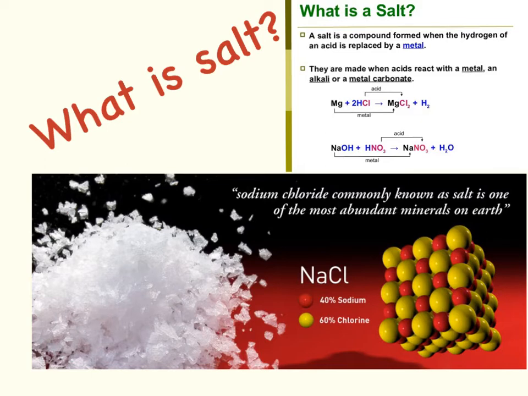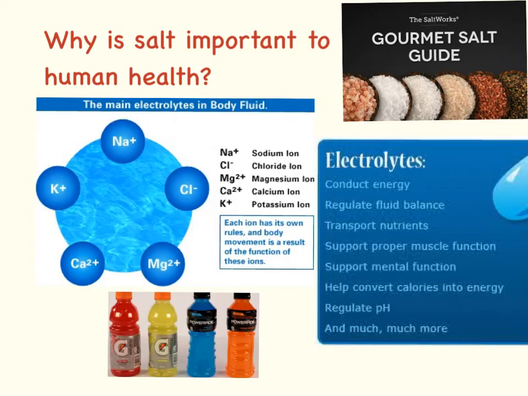In fact, if you throw a pure sample of sodium metal into water, it will explode. And chlorine is a toxic gas. In fact, it was the primary component in the gas weapons of World War I, chlorine gas. So, an explosive metal and a toxic gas come together and you put it on your French fries. Now, if that doesn't blow your mind, well, I still have a few more chances, but okay, that's cool.